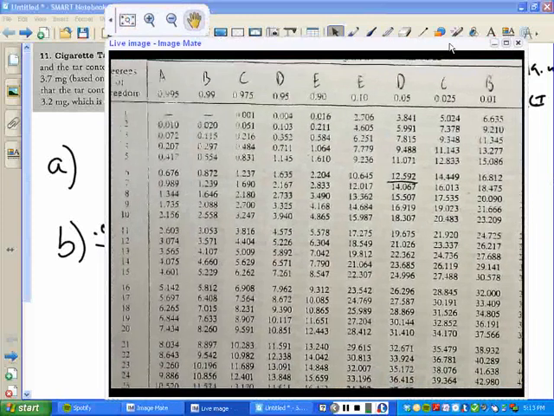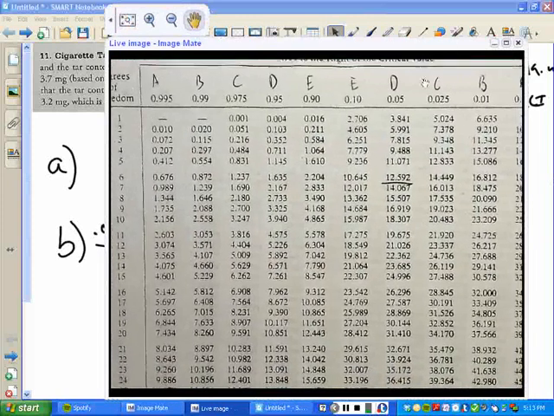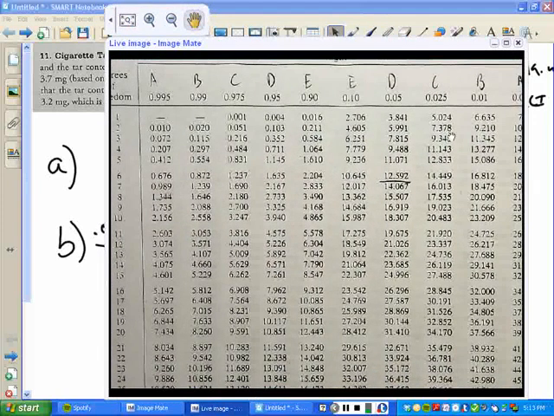N minus 1. And then we're looking for a 0.025 and 24.